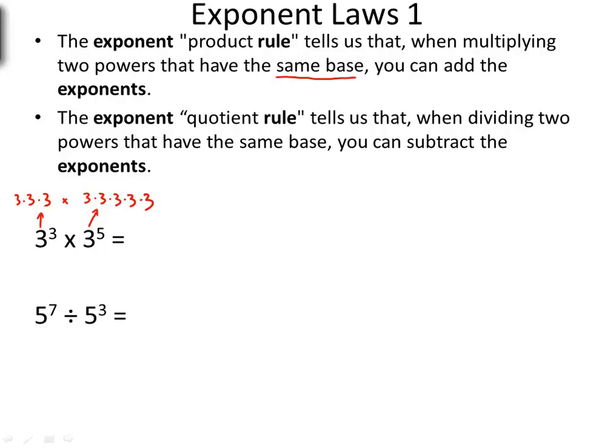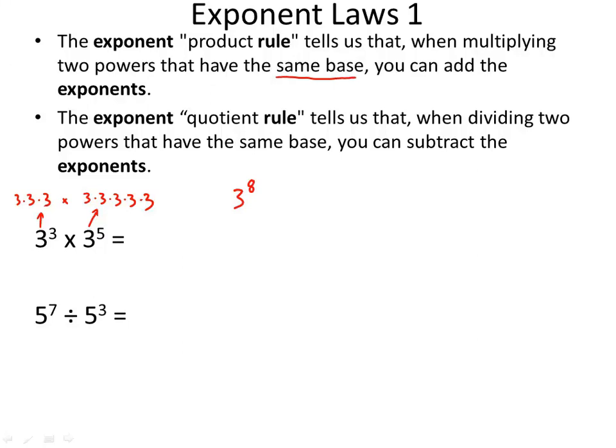So lots of threes. In other words, it would be 1, 2, 3, 4, 5, 6, 7, 8 threes multiplied together. Or we could simply write 3 to the power of 8, and that's a simpler way to write it.